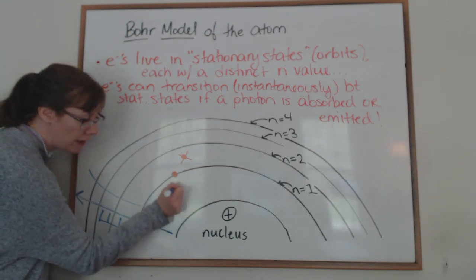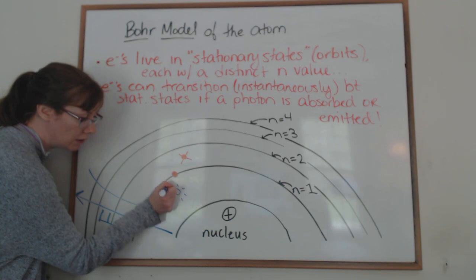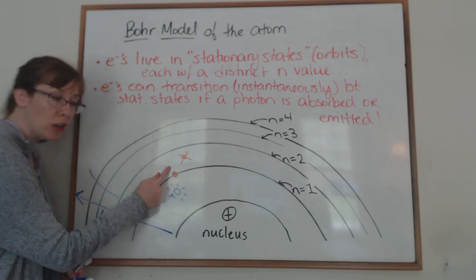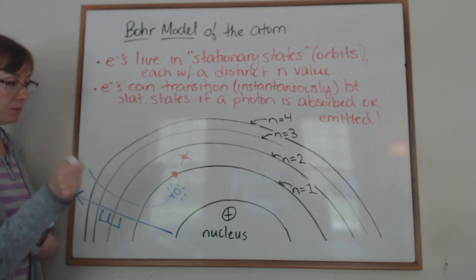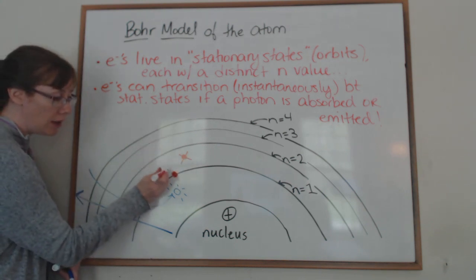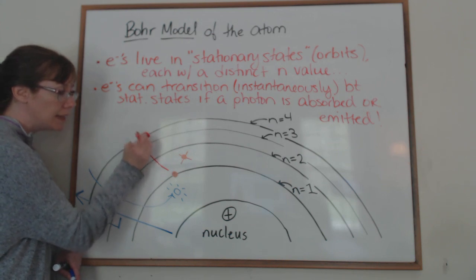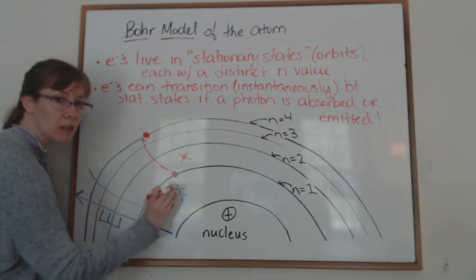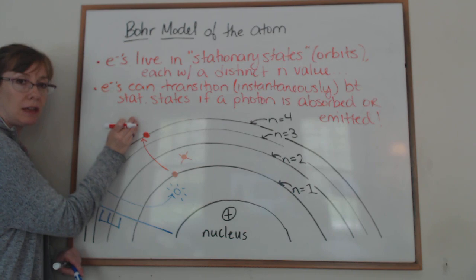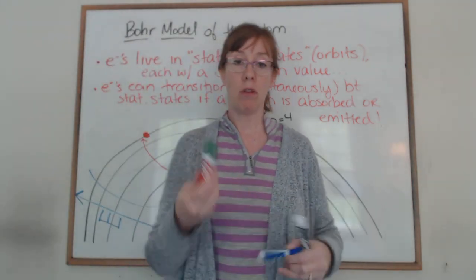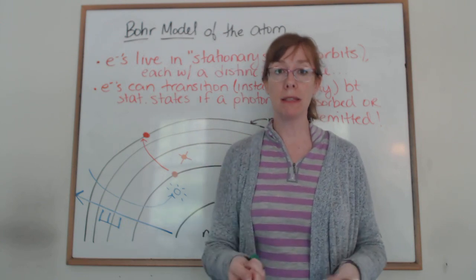If the photon of light, let me just make this the photon, comes in, it will cause the electron to jump up to a higher level. Now, in my picture, I'm just going to have it jump up 3 levels because it makes it go higher in energy. That photon comes in, it makes the electron jump up. Now, just like if I throw my marker up in the air, what goes up must come down.